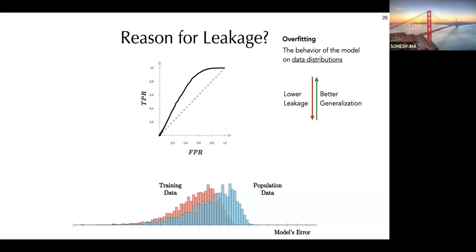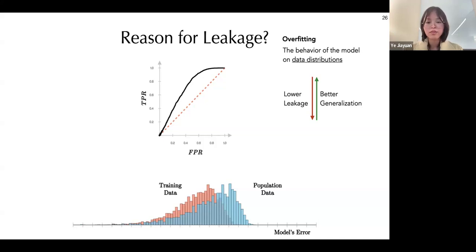But this is not really enough, because let's imagine we have an outlier data with very low probability of being predicted correctly by any model. It's hard to fit.